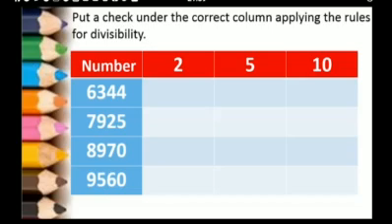So before we proceed, may we go immediately on how to find the divisibility of the given numbers. Okay, divisibility on 2, 5, and 10.